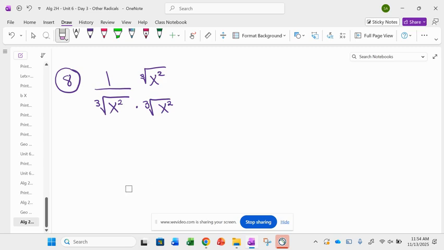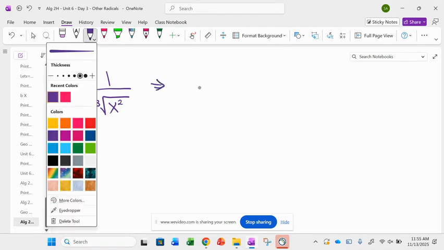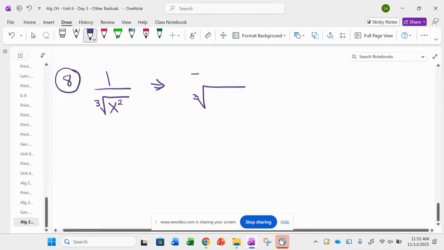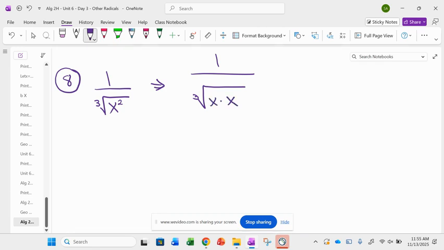So right now we're going to think a little bit into this. We have the cubed root of x squared, which is x times x. Do we agree? So now I need a triplet, right? I need 3 of a kind. So in order to make 3 of a kind, I only need how many more x's? 1 more x.